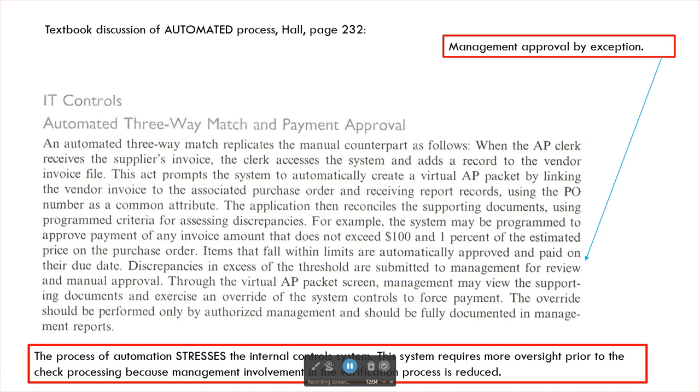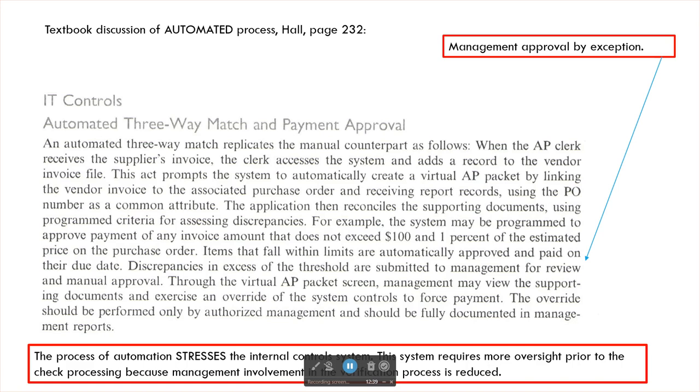And the answer is you can do it, and this is called an automated three-way match, and so it can be automated. However, as I note at the bottom, when you automate this system, it really stresses the internal controls of it, because previously we had an individual who was reviewing things, at least one individual in the accounts payable side, the liability side, and then we had people also reviewing, one or two people reviewing on the disbursement side.